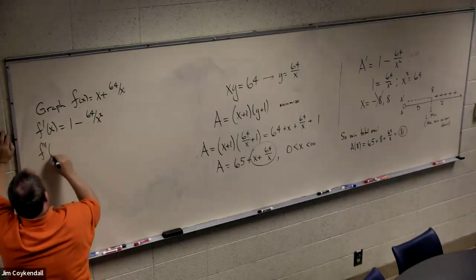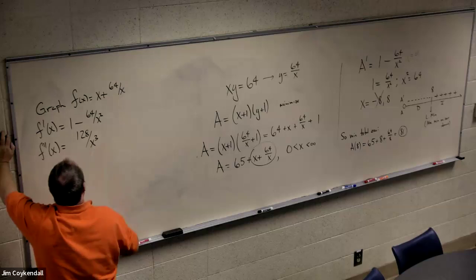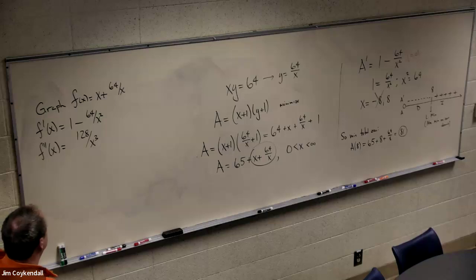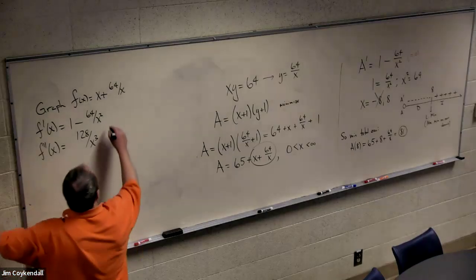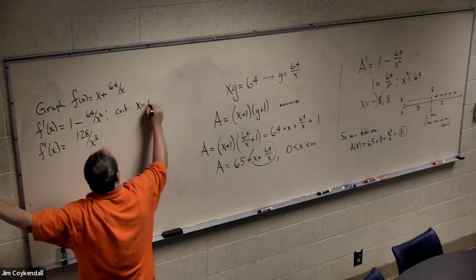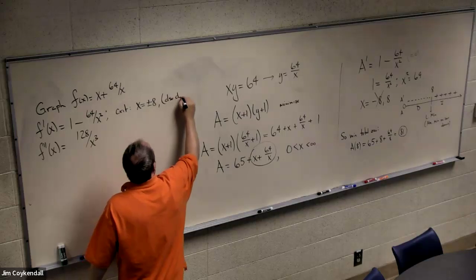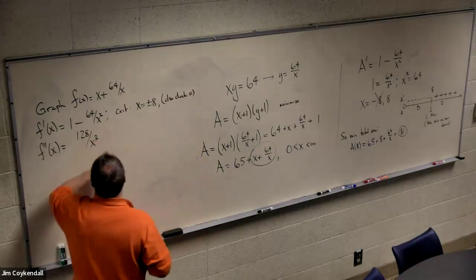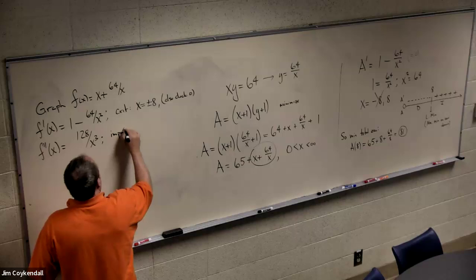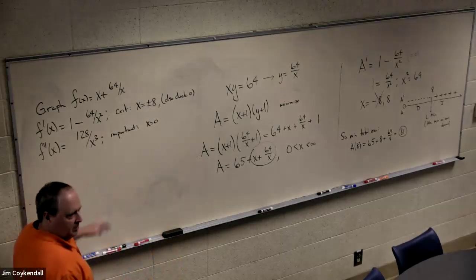The second derivative of this turns out to be 128 over x cubed. Critical numbers are plus or minus 8, you got that over here. We also need to check zero, because the derivative could change sign. The important number to check is x equals zero.